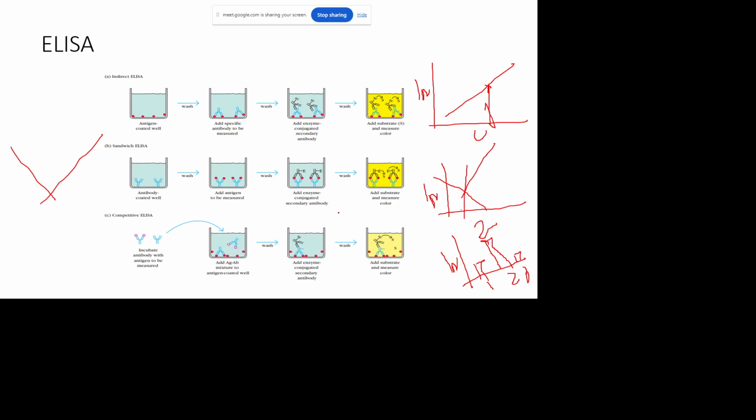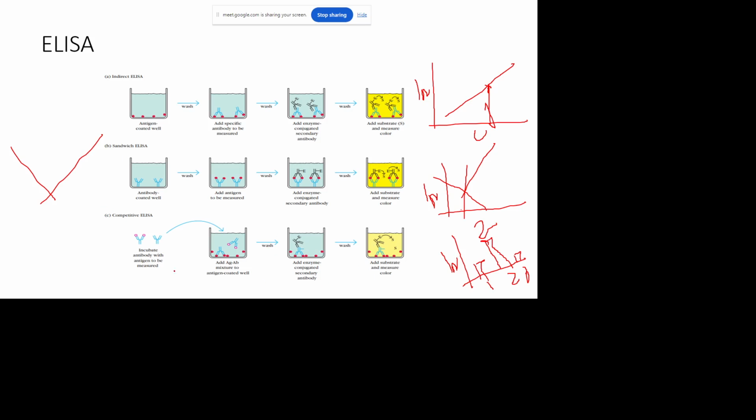So in this case you will get more signal because the antibodies which were bound previously with this antigen will be washed away. Only the antibody which is free can bind to the antigen which is coated here. So only this antibody will stay, and the bound antibody will be removed by washing.